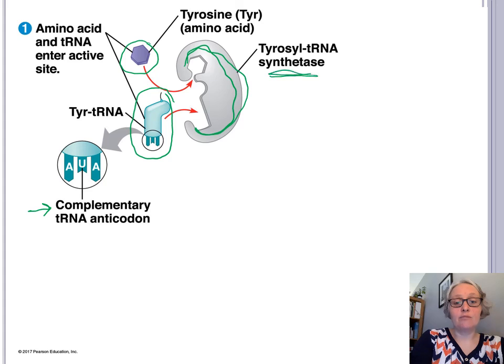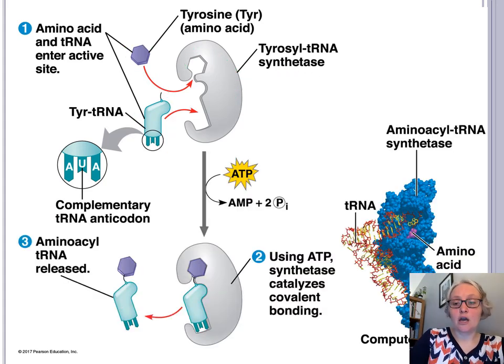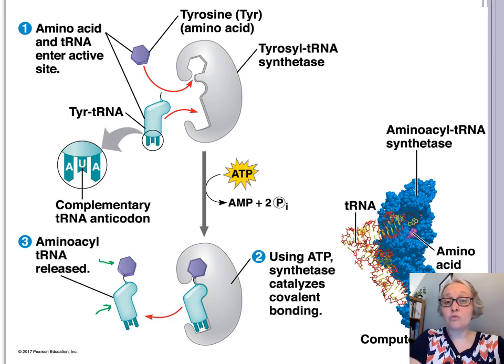This enzyme brings those pieces together. It then adds energy, and it is able to attach the correct amino acid to the correct tRNA molecule. And again, remember, this is our first really important step to happen in translation. We've got to make sure that there's the correct amino acid on the tRNA molecule. And this enzyme, aminoacyl tRNA synthetase, is doing that for us.